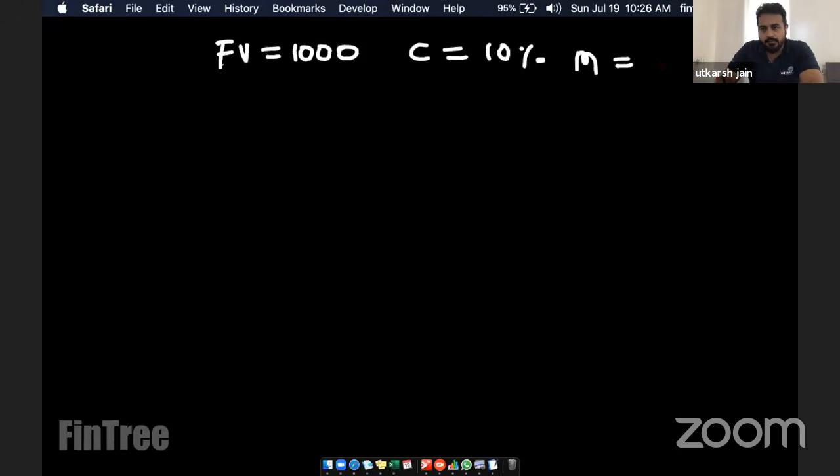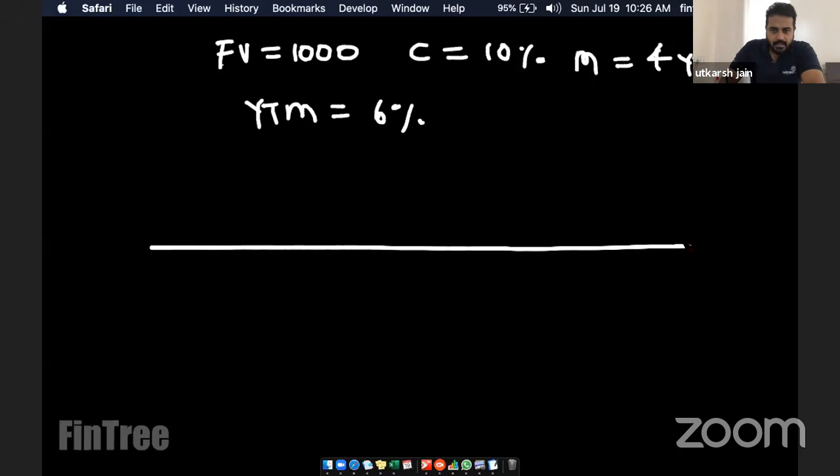Let us say maturity of, let me make up something random, 4 years, and let us say today at the time of issuance, the YTM of this bond is, let me say, 6%. So what we're going to do is build a timeline here. And I want you to value the bond using the TVM row of your calculator and get me the valuation of this bond at time 0.